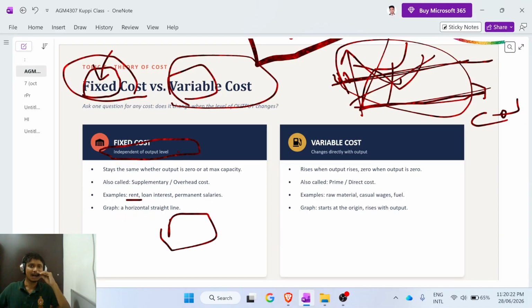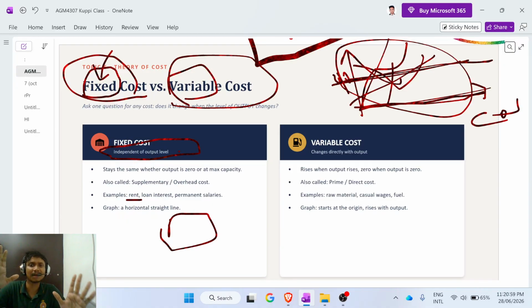For example, if I am a hotel owner and I rent a hotel, I have to pay rent to the landowner. He will not consider how much I earn, or how much roti or food I made.